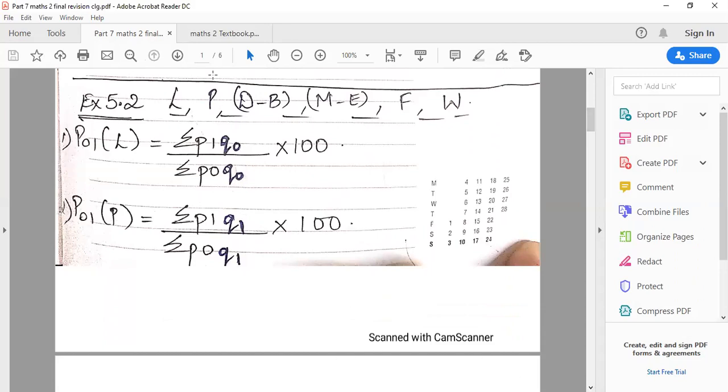As you see, I've written the names in shortcut above: Laspeyres, Paasche, Drobish, Bowley, Marshall, Edgeworth, Fisher, and Walsh. Out of these, the first 5 come together in one group. Walsh is calculated separately. In this exercise, I also told you there are some printing mistakes, so be very careful while solving the sums. There are some printing errors.